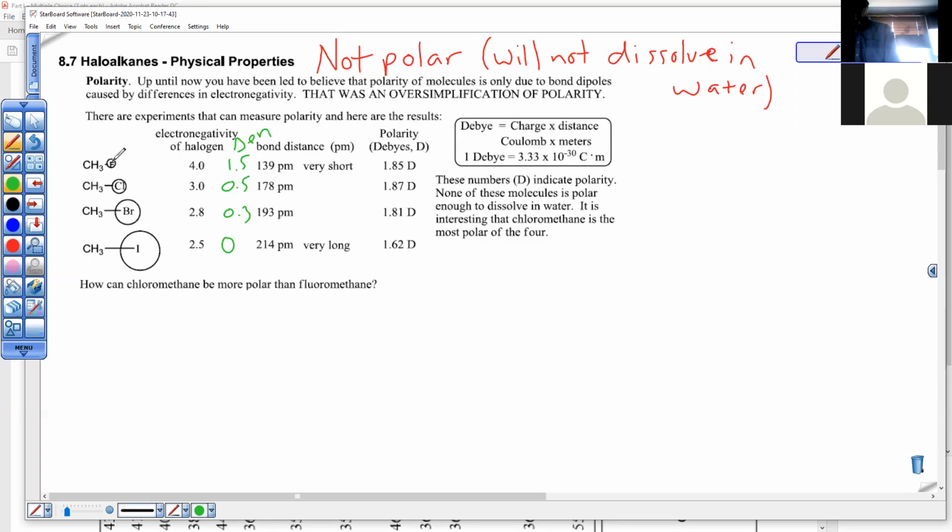The fact is fluorine is very small, so it's not very far away from the CH3 here. The bigger chlorine, the center of its nucleus, has to be further from the carbon because it's a bigger atom. That's quite a big jump. This is the distance between the two nuclei. We call it the bond distance. 178 picometers is what that is, and 139 here.